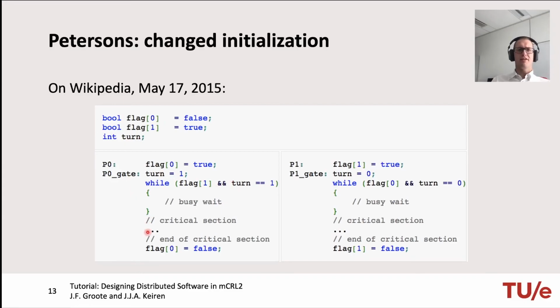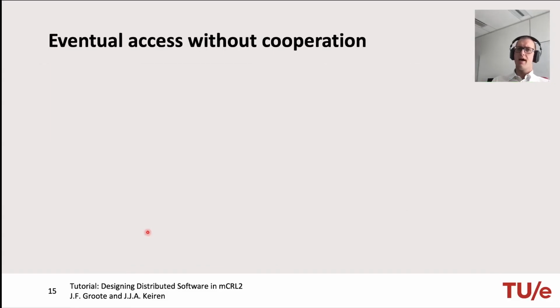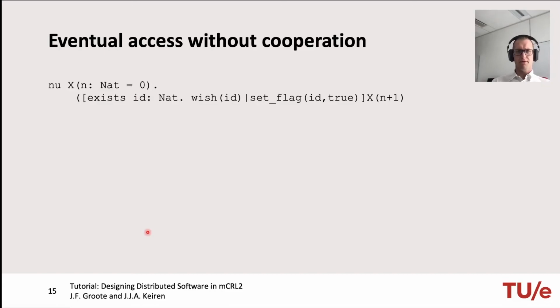Now, of course, this is an undesired situation, and we can check for it with a modal mu calculus formula. So this formula is a bit more elaborate, and it keeps track of the number of processes that have requested access to their critical section, but have not yet left the critical section. So we keep track of that in this parameter n.